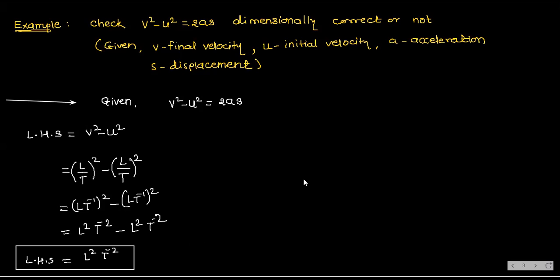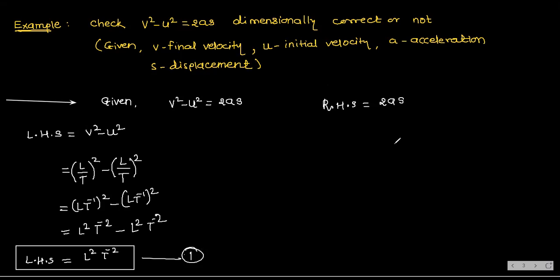Okay, so see now. Next, I will show you that case also. Oh, this is equation number 1, not 2. Just make it 1. Right, so this is your equation number 1. Now let's move to the right hand side. So what is the right hand side? RHS is equal to 2as.